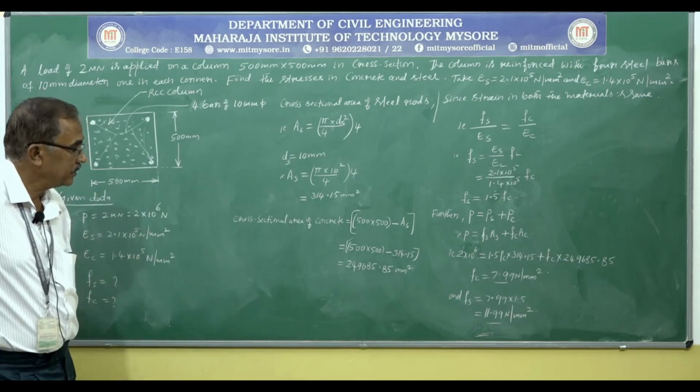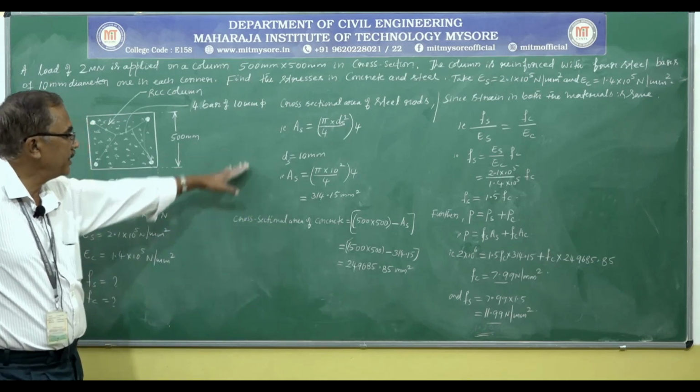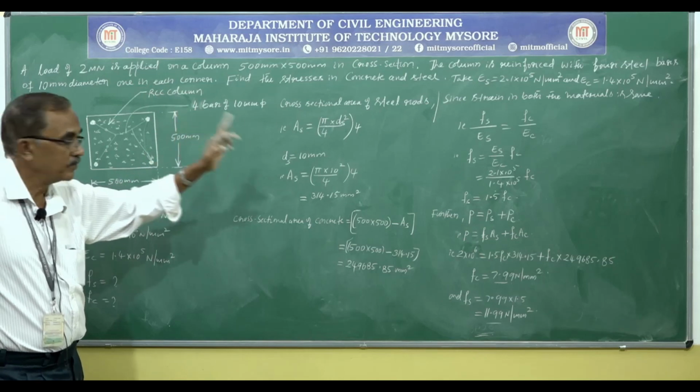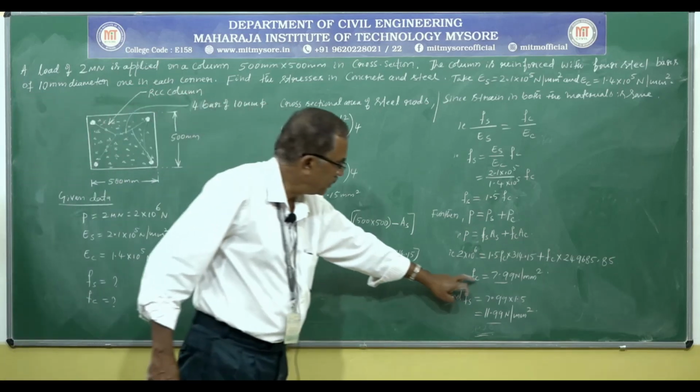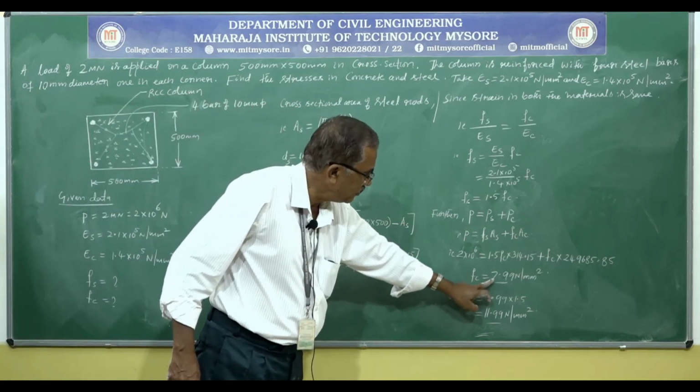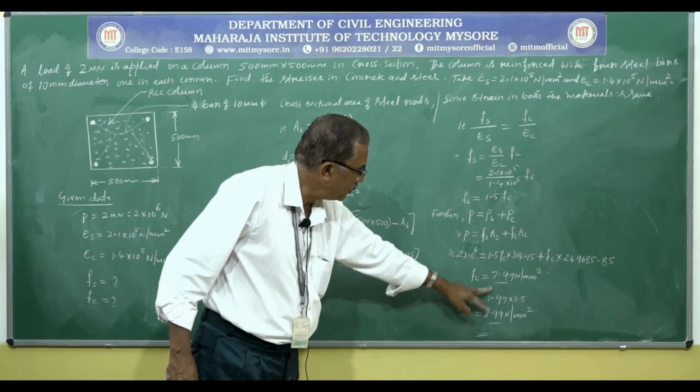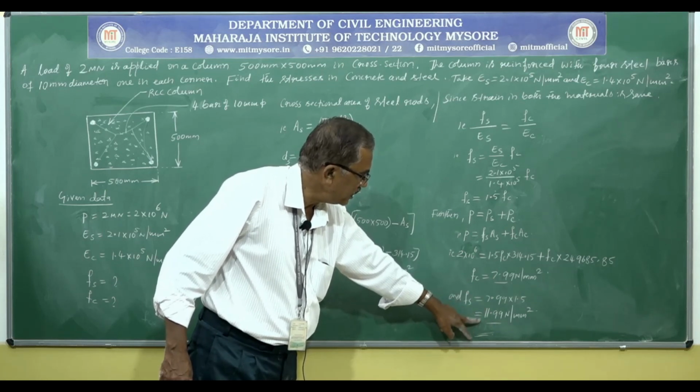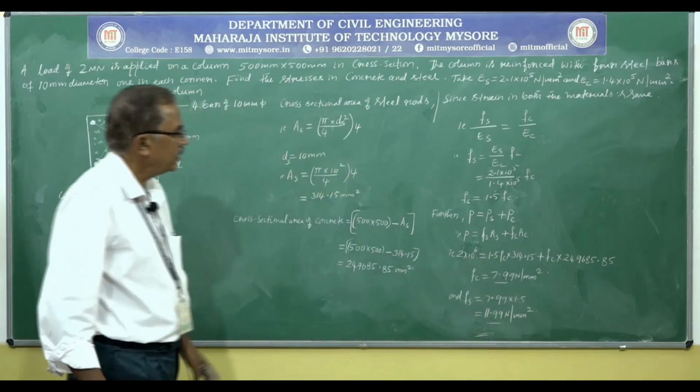It's not comparable, but still, because of the strength of the material, it carries more load. So in terms of stresses induced also, stress is more in steel and less in concrete. So like this you can solve the problem.